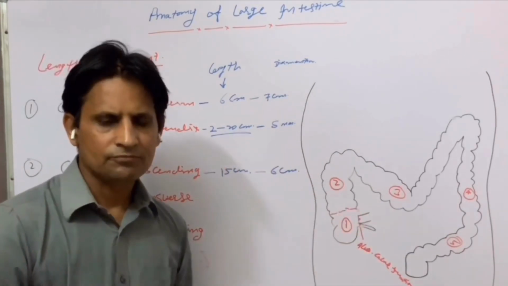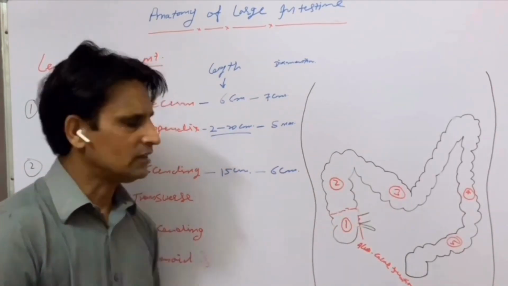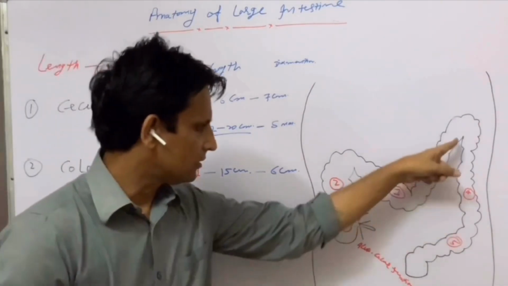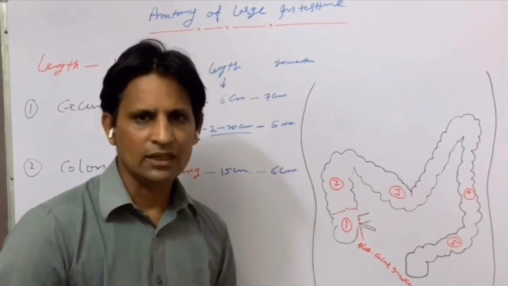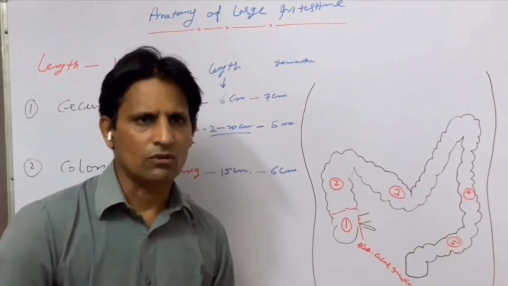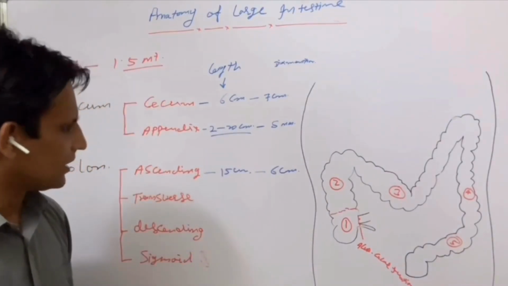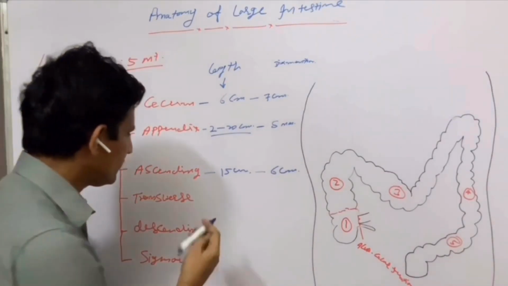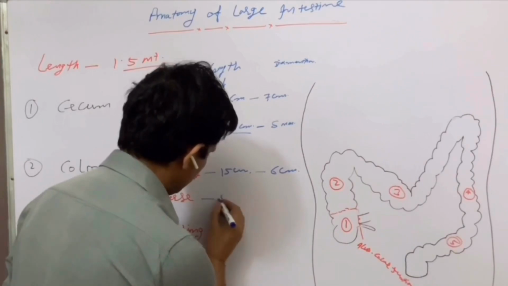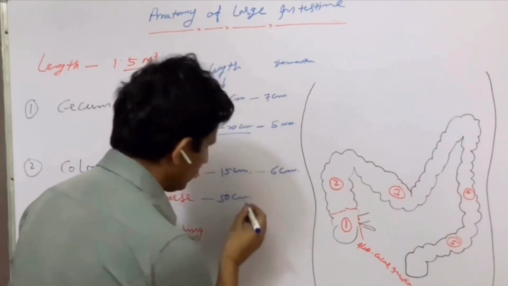Next part, and that is the transverse colon. This part marked with number 3. The length of the transverse colon is around 50 centimeters.